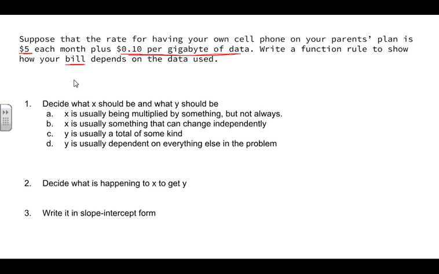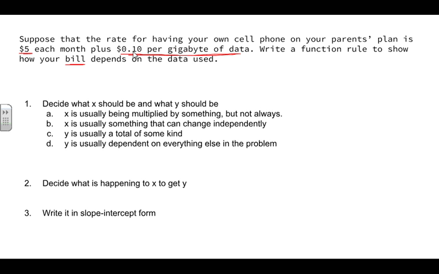Okay, so this 10 cents is dependent on how many gigabytes of data you're using per month. If you use 1 gigabyte, you're going to be charged 10 cents that month. If you use 20 gigabytes, you're going to be charged $2 that month.